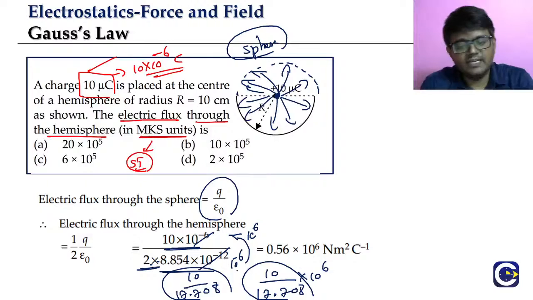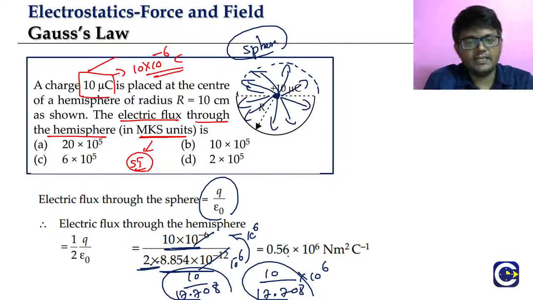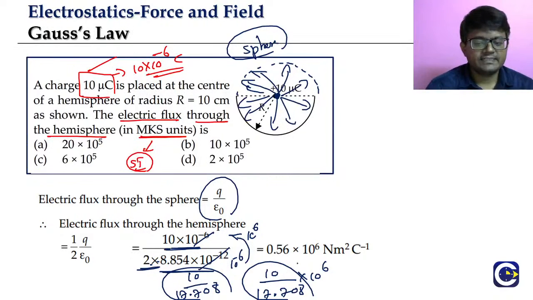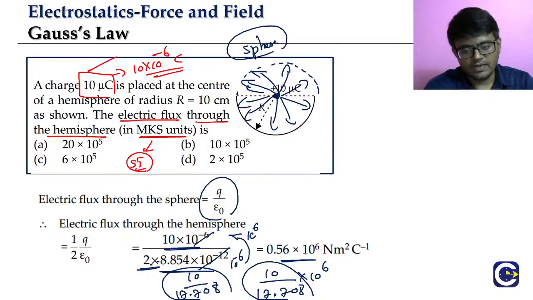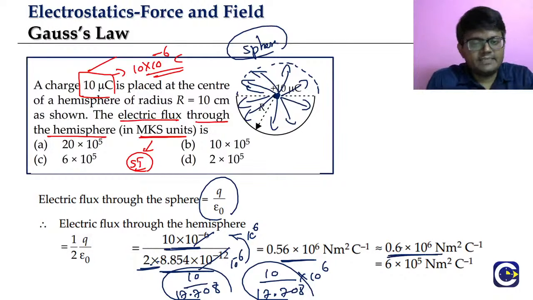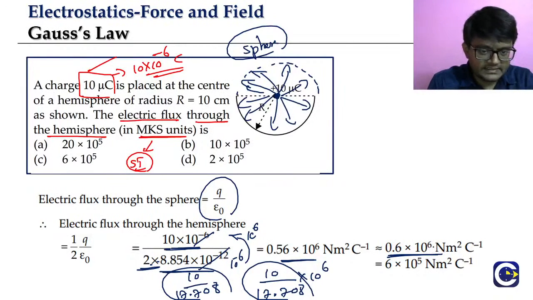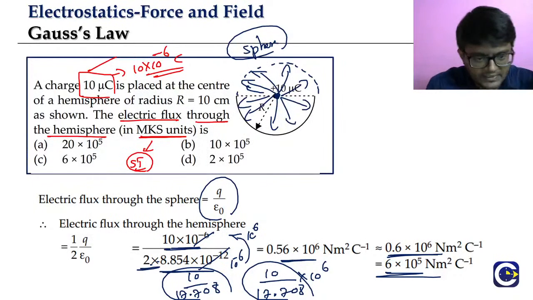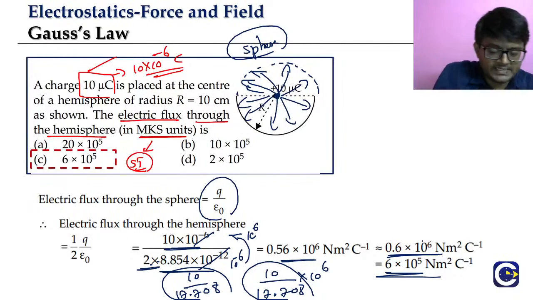So 10 by 17.708 approximately it will be like 0.56. So 0.56 into 10 power 6. Approximately we can write as what? 0.6 into 10 power 6. Decimal place ah arrange panna it will be what? 6 into 10 power 5. So paarunga, what is the approximate answer here? 6 into 10 power 5.